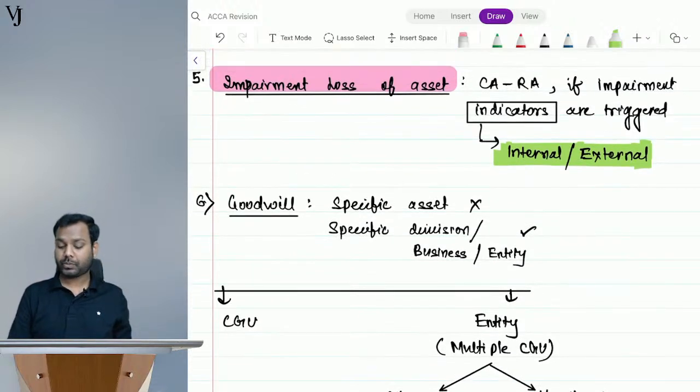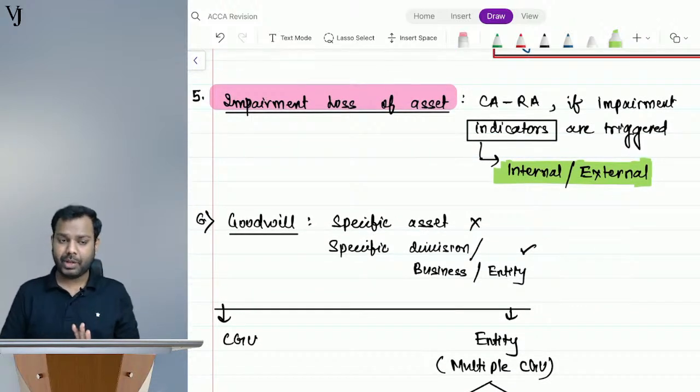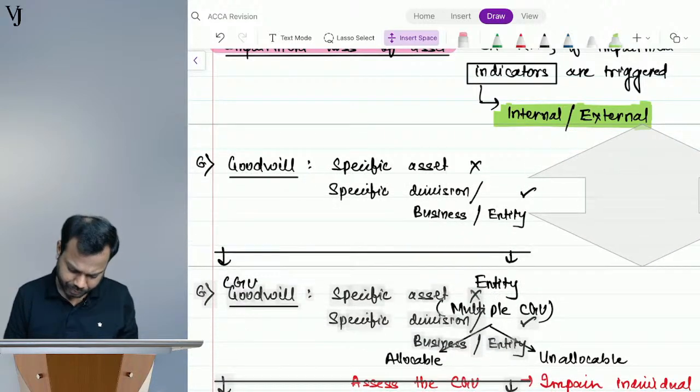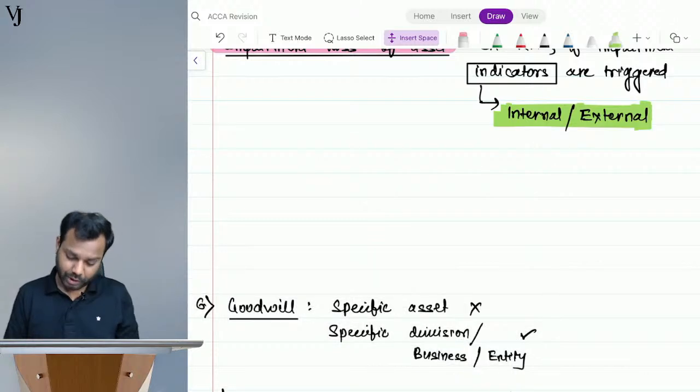Now, is it clear, everyone, so far? So this is how I have to calculate the impairment loss. A few important terms I'll write here so that I don't miss them. Understand, guys?